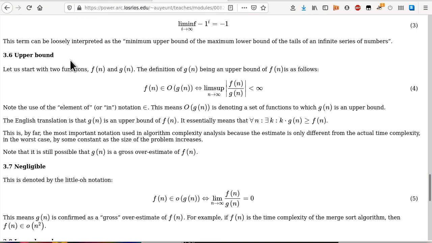Upper bound can now be defined like this.